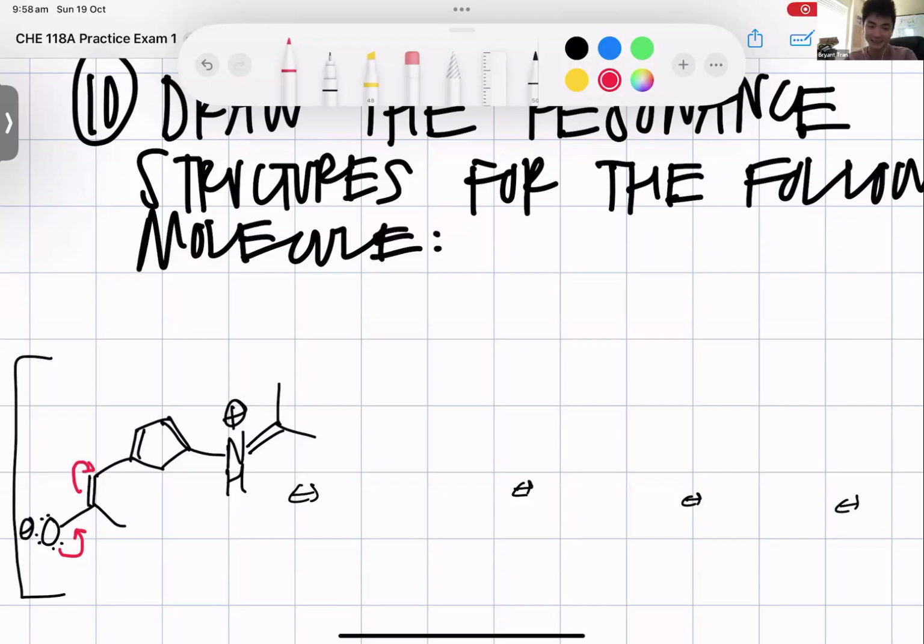So that's doing it one by one. Later on, when you learn about reactions and mechanisms, that double bond could go all the way across to the other side of the molecule to get the other end of the resonance structure right away. But we want to do it one by one because we're just getting used to resonance here.